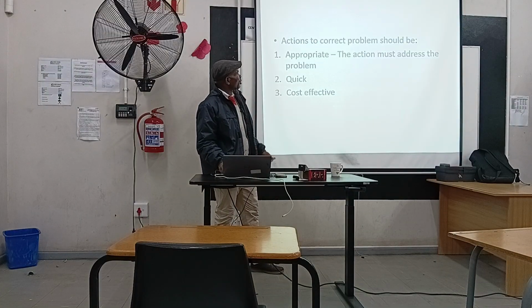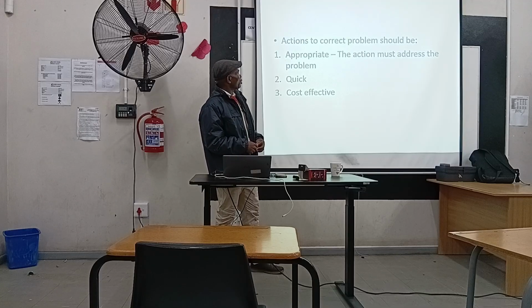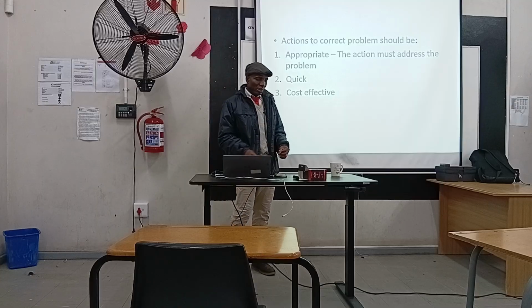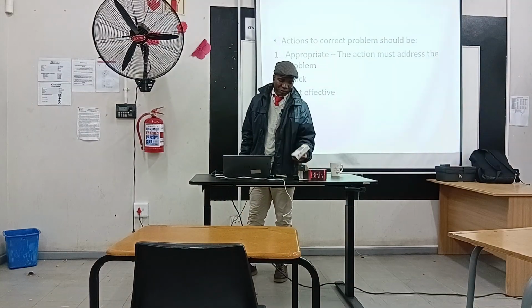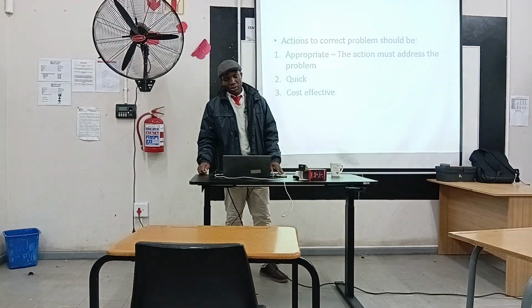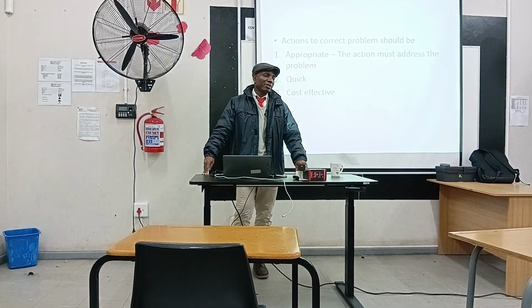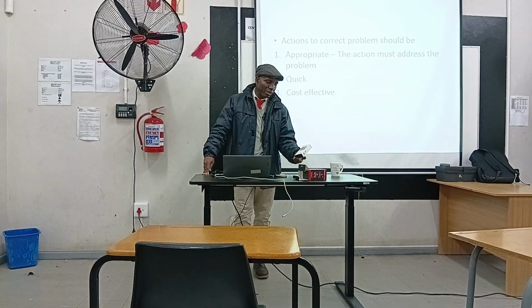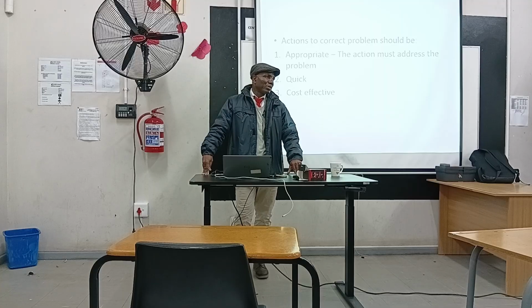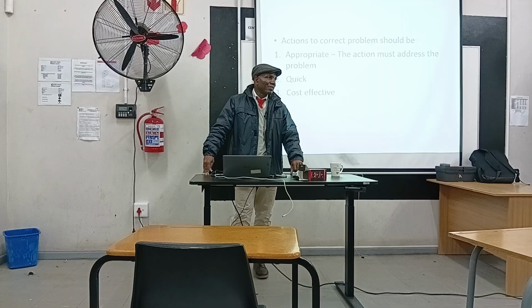Then actions to correct the problem should be taken. What we are trying to say is this: when you have a situation where there are discrepancies between what was planned and what is being done, which is a problem, of course, that needs to be addressed. Do you understand what I mean?